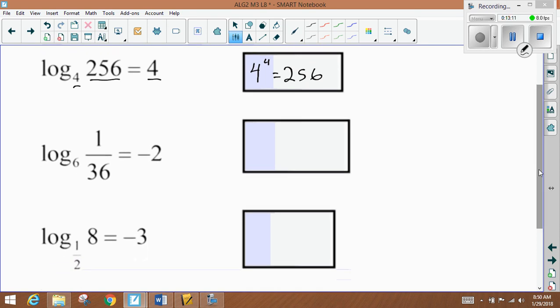So this one is 6 to the -2 power. 6 to the -2 is equal to 1/36. That's true, right?